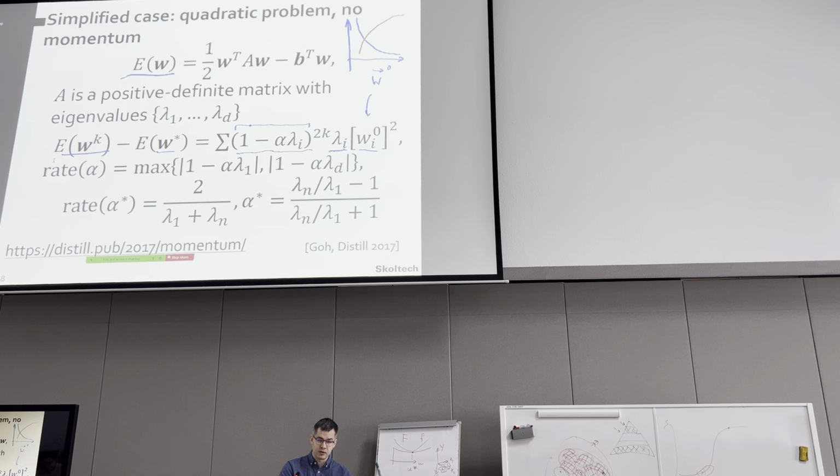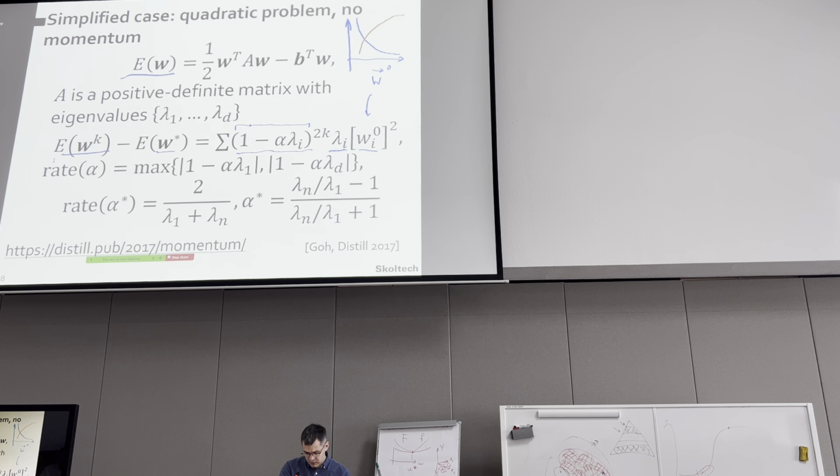So we don't observe the convergence if the absolute value of this guy is bigger than 1. Yes, so we need to select alpha such that we have the convergence.